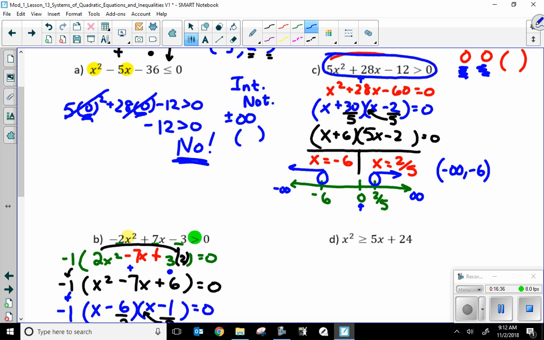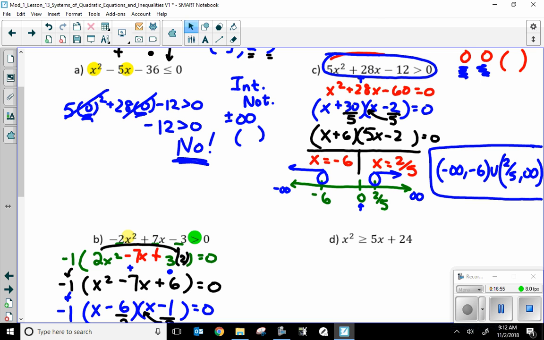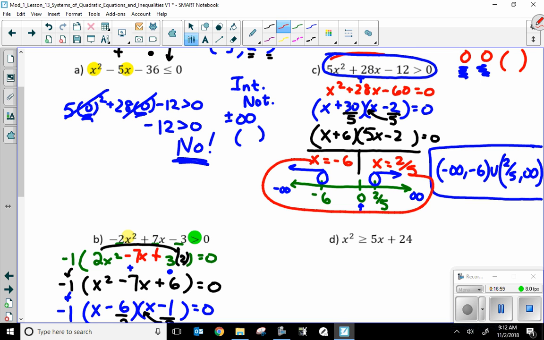Now, I also have from 2/5 to positive infinity, parenthesis, and we say a union, so that's going to be a little u right there. It's a union, which means it's both of those. All right, there's my interval notation. And here, my friends, is my number line.